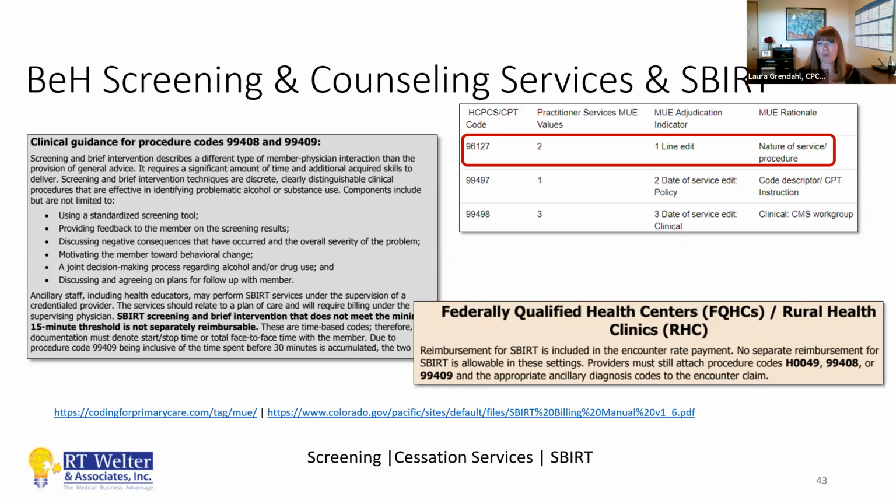So even though you performed 3 services, we're going to do 1 line with 96127 with a line item quantity of 2, and then the second line item will be a 96127 with a modifier 59 and an additional 1 unit for that third screening test. Does that make sense to everybody?